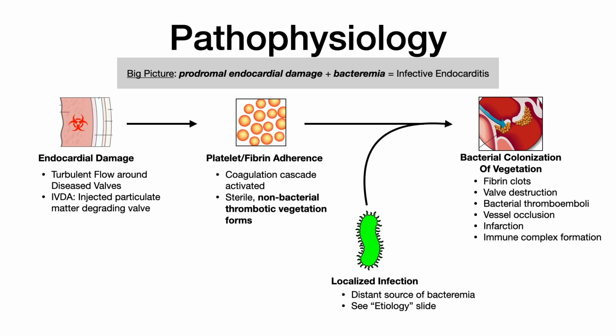One, more fibrin clots are forming. Two, more degrading and more destruction of that valve occurs. Three, this is now a bacterial thromboemboli that's forming. So it's no longer sterile. Yes, it's a vegetation, but now it's bacterial. Now it is septic. You get vessel occlusion, infarctions, and immune complex formation.